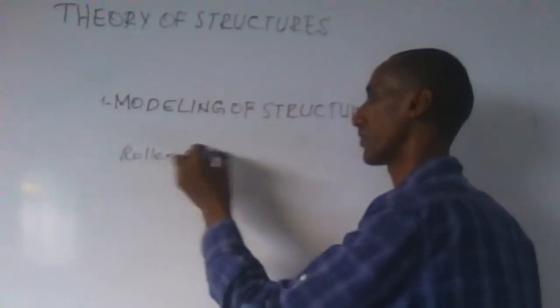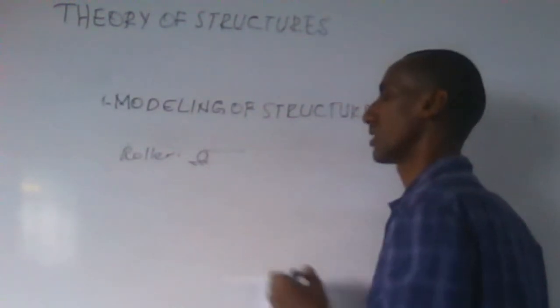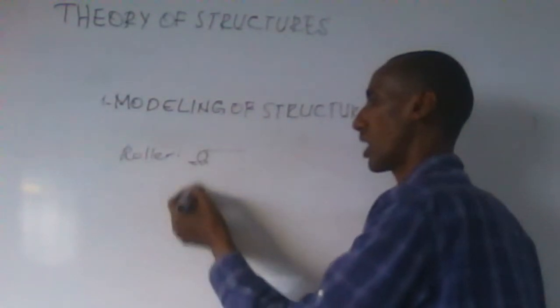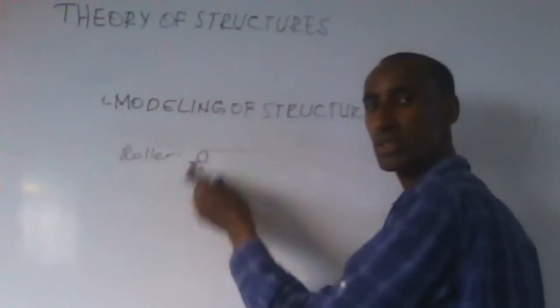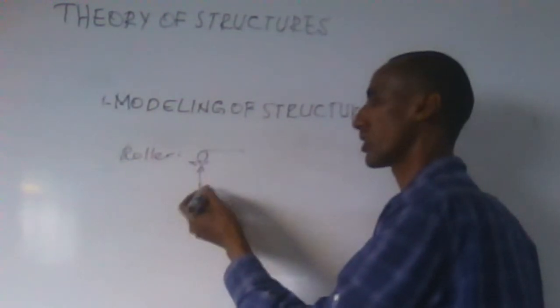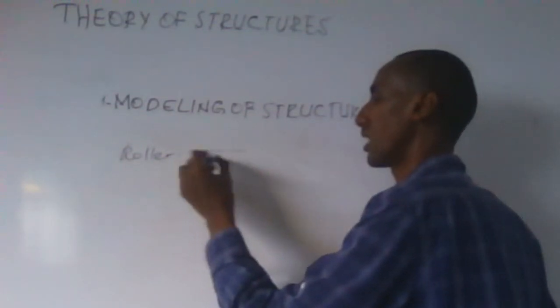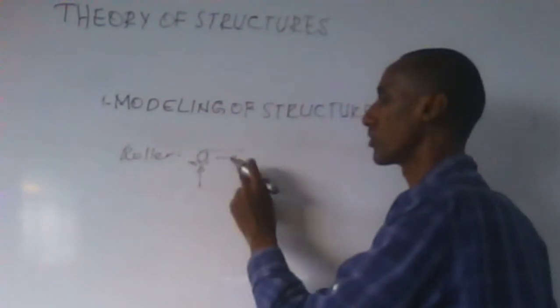If I have a member like this, along this direction perpendicular to the contact surface, that is in the y, positive or negative y, translation is not allowed. But along the other direction, either forward or backward, movement is allowed.